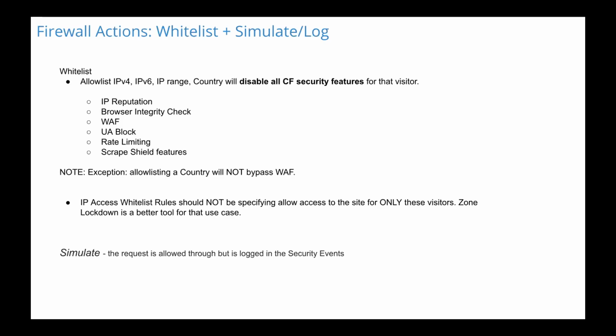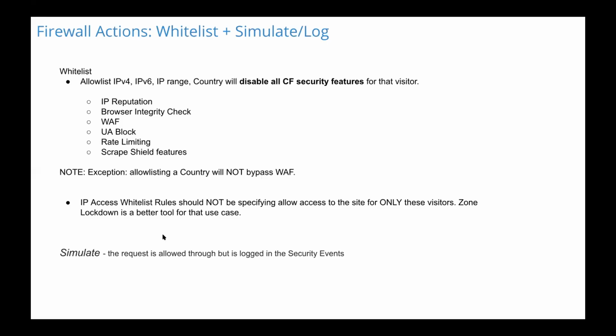The only exception is when we work with the country level: even if you whitelist a country, it won't bypass the application firewall. That's just one exception. Otherwise, whitelisting is like a green light to enter and pass through for those specific IP ranges, IPv6.